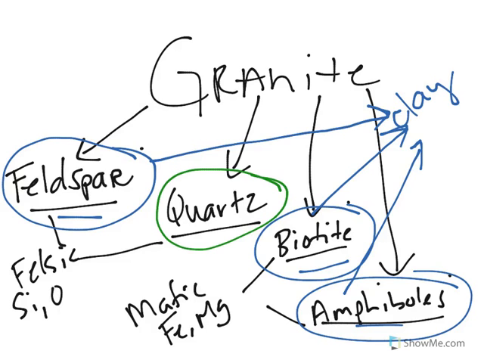So, for example, if we were to look at the atomic structure of quartz, it has four main components to it, and each one of these is bonded to another component. So this whole thing ends up being really strong, and since it's so strong, it remains unchanged.